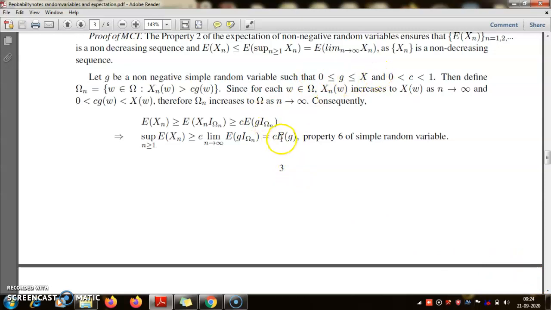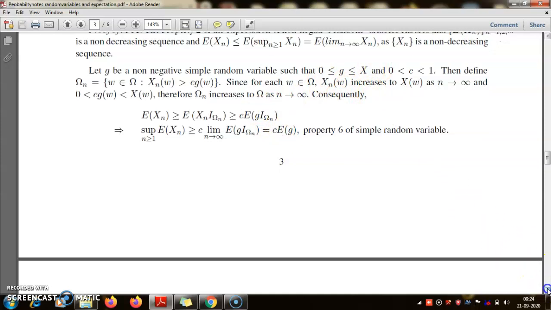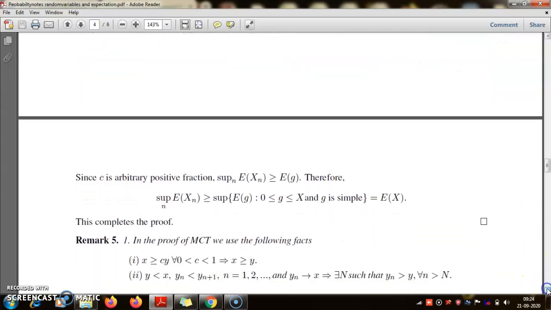So now if I take the supremum over all such g's, what is that? The supremum over all such g's is expectation of x. So I have gotten this. Now you may certainly be surprised about where that c has gone.